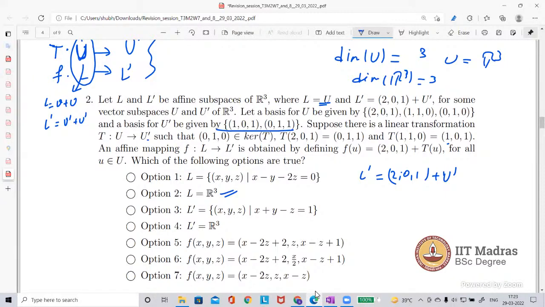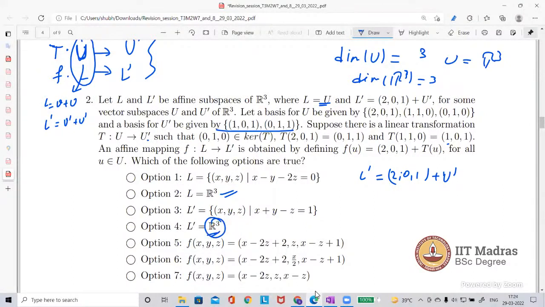Now how many elements are in the basis of u prime? These 2. See, this is a basis, and in the basis only 2 elements are given, while L is exactly equal to R3.